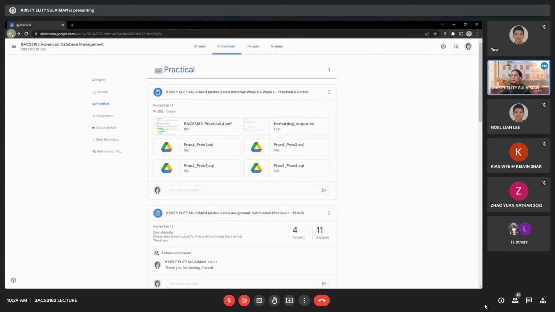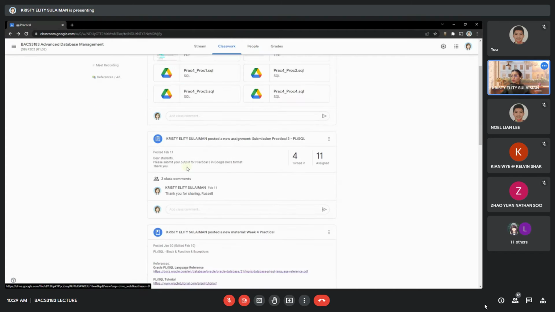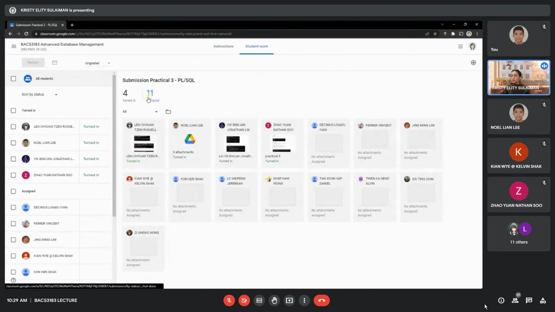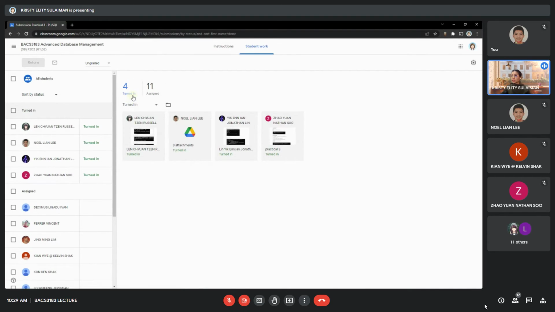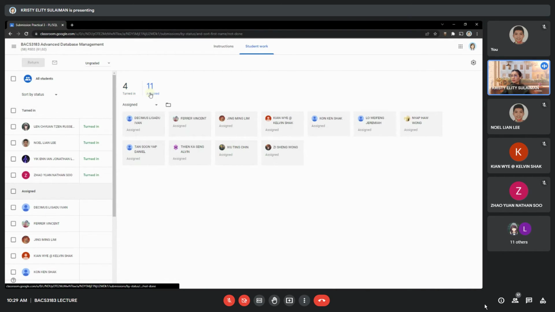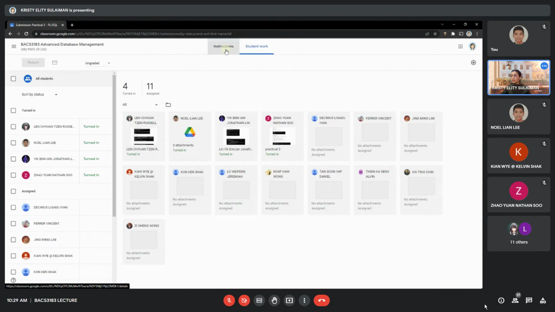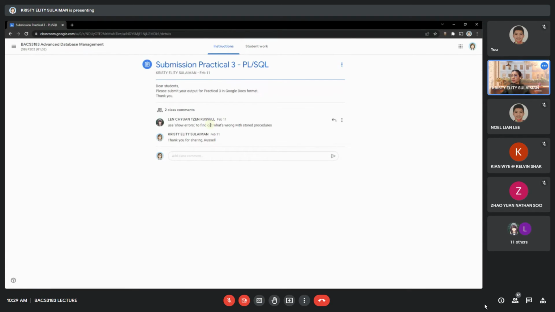And then practical three, the PLSQL. Only 4 have turned in, and the rest have not. This one I did not put any due date. I hope everyone has seen this. Also, I've shared how to check errors with the stored procedure.